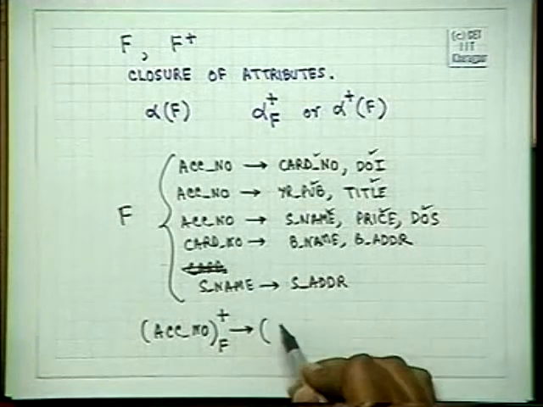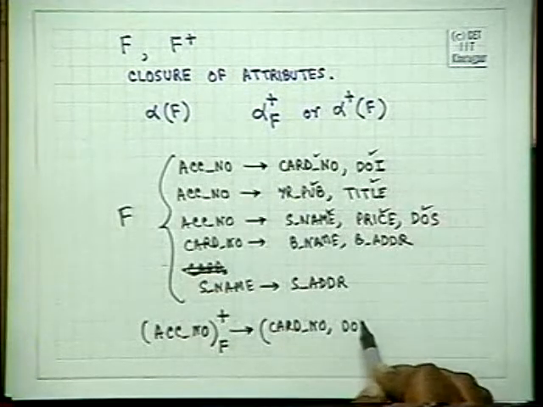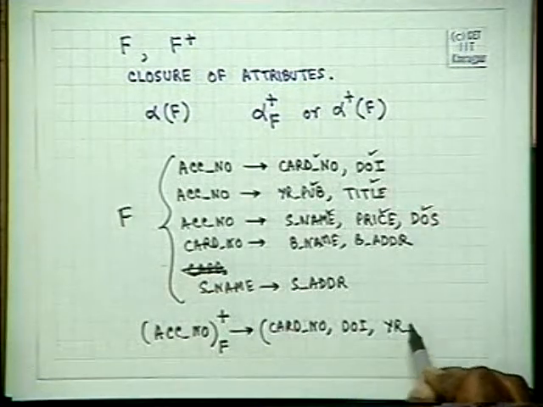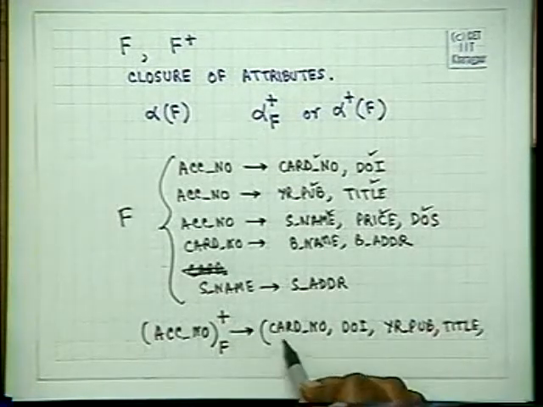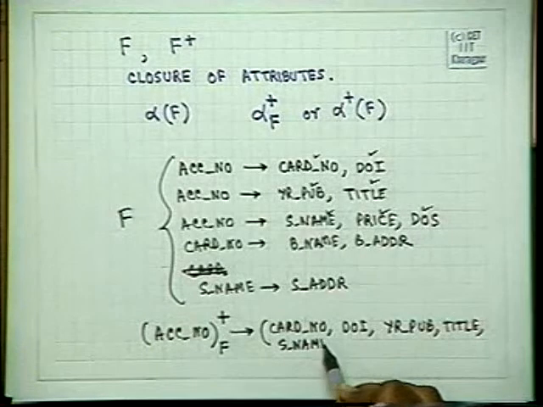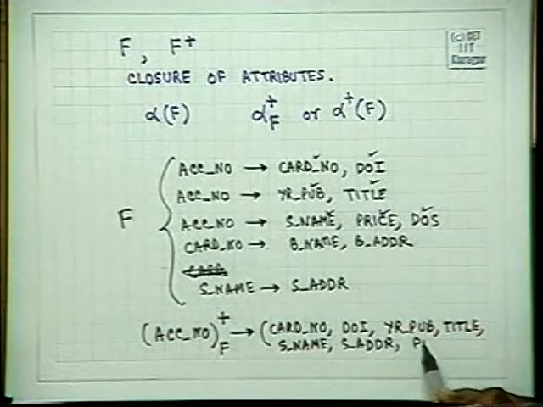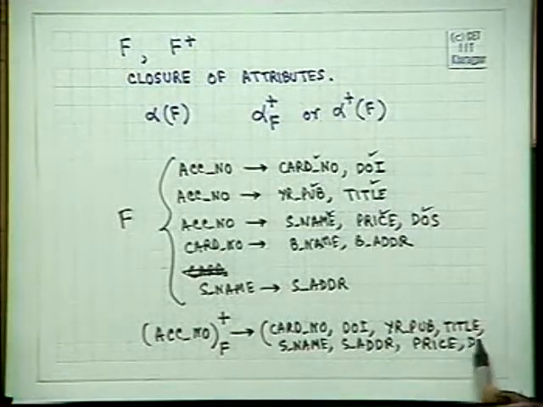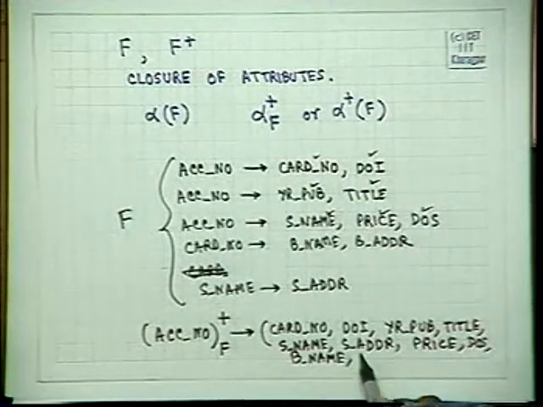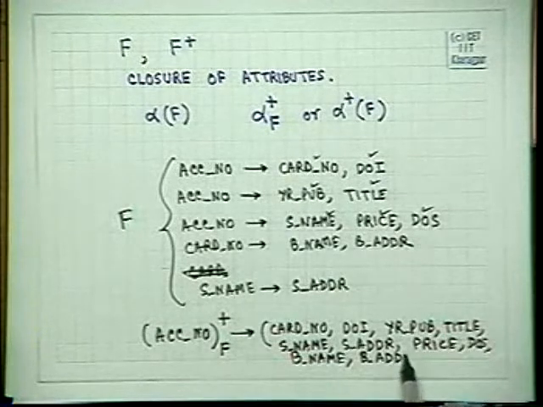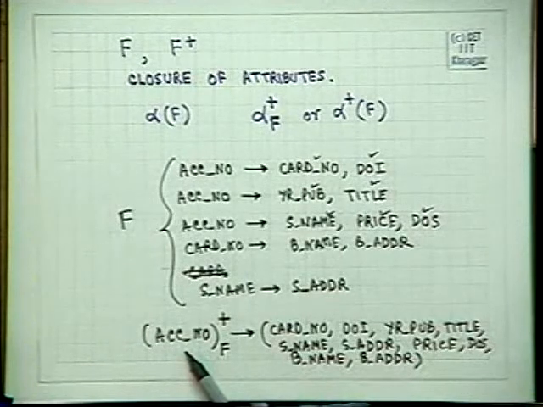Therefore, the accession number will have card number, date of issue, year of publication, title, supplier's name, supplier's address, price, date of supply, borrower's name and borrower's address in the closure of this attribute accession number.